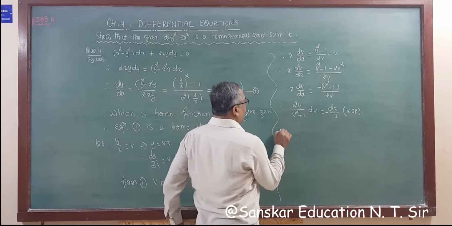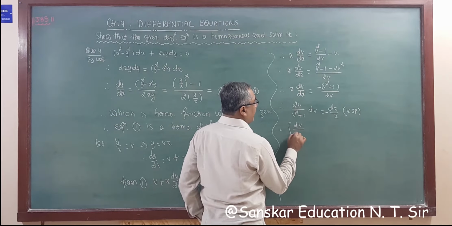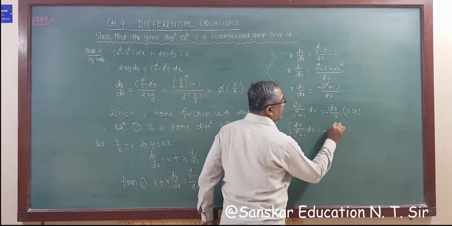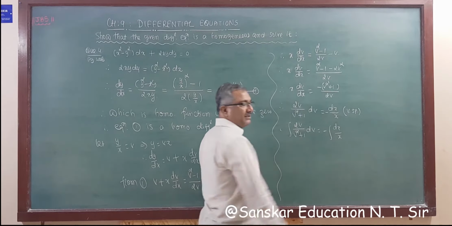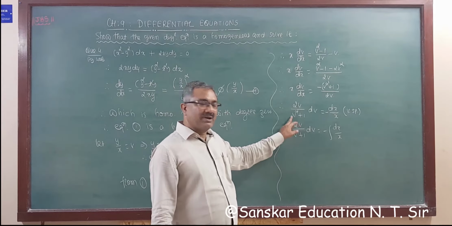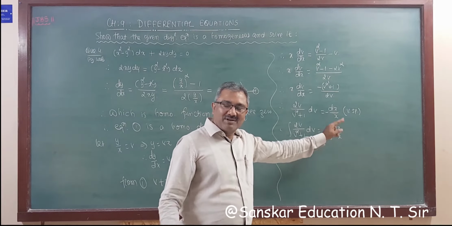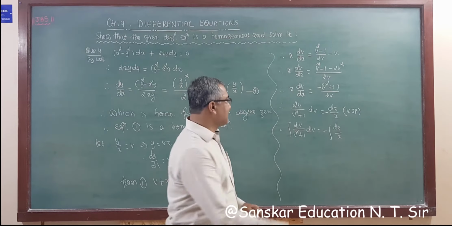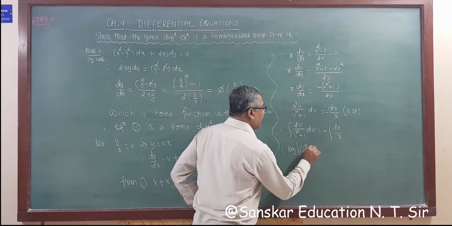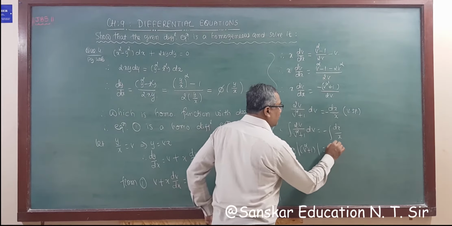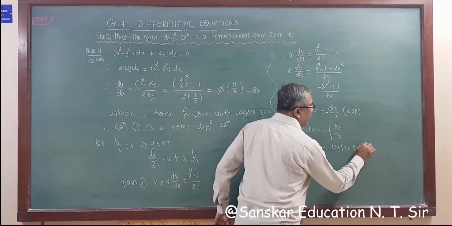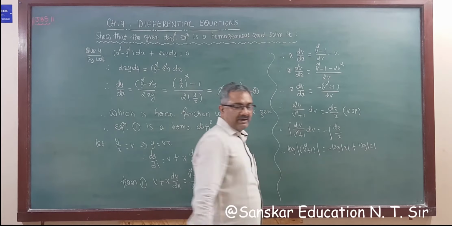So now integrating, twice v upon v square plus 1 dv is equal to minus dx upon x, right? The derivative of the denominator is in the numerator, so we also have to write log mod c. So we get log mod v square plus 1 is equal to minus log mod x plus log mod c.